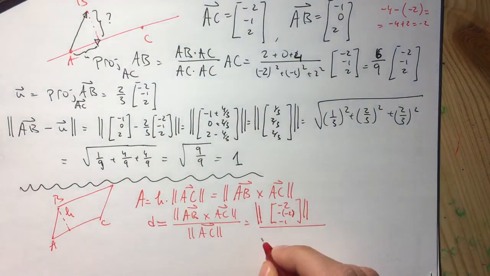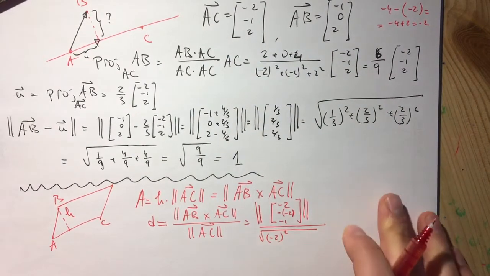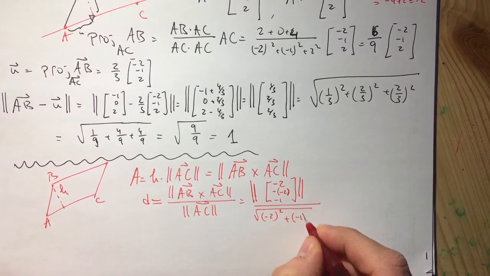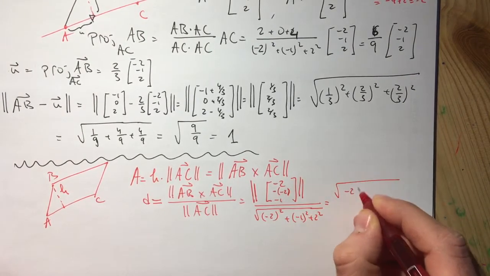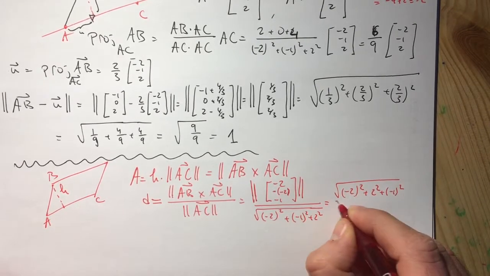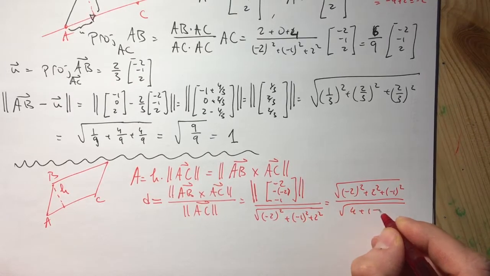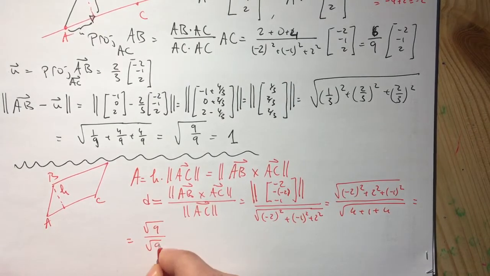Over the norm of AC, so that's the square root of -2 squared plus -1 squared plus 2 squared, which is equal to the square root of -2 squared plus 2 squared plus -1 squared over the square root of 4 plus 1 plus 4, and as you can see, you have the square root of 9 over the square root of 9.